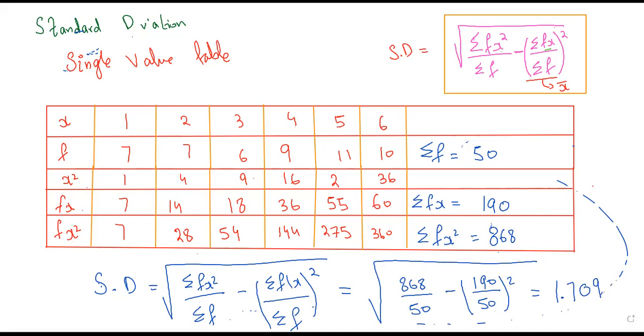So what would be the variance? Yes, Nishal, very good. What would be your variance? Square them. Yes, it would be standard deviation square. So just square this value and tell me the answer for variance. The variance is the square of the standard deviation, okay?